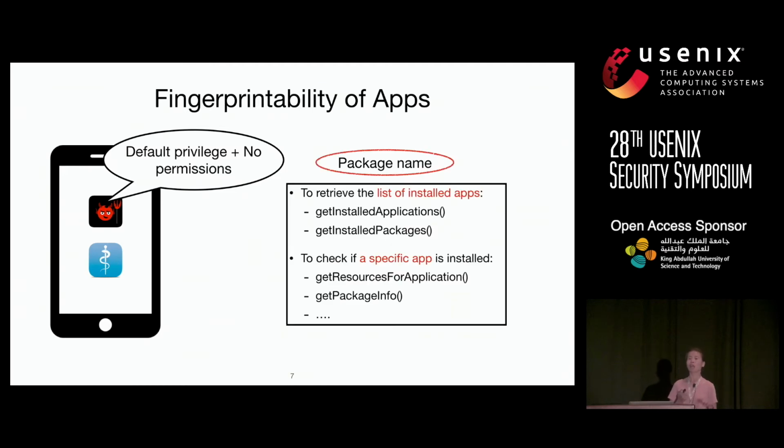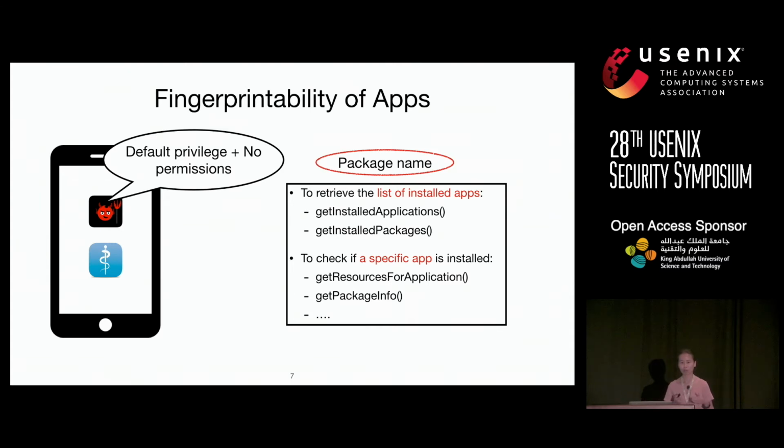For example, for the package name, the PackageManager class provides two methods that directly return to the calling app the list of installed apps on the device. The two methods are getInstalledApplications and getInstalledPackages. It also provides a dozen APIs that take a package name as input and return null if the package doesn't exist on the device.